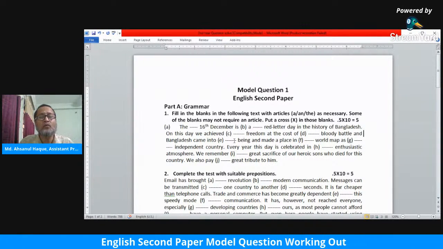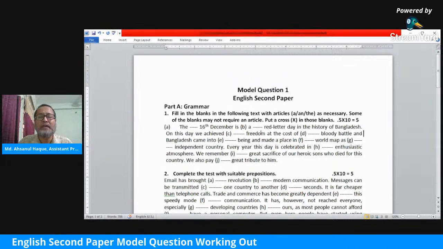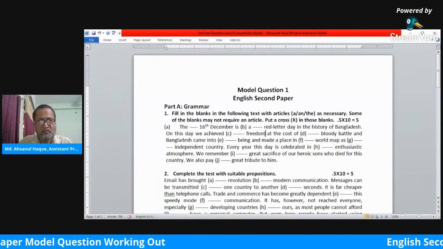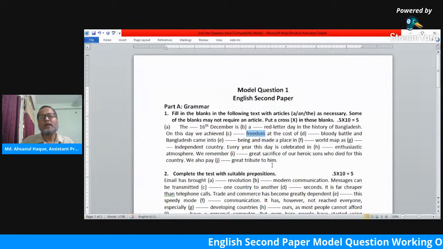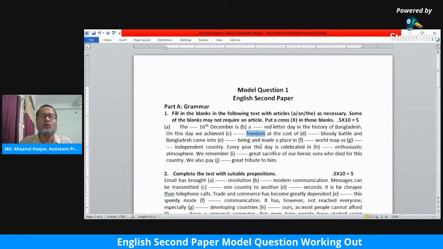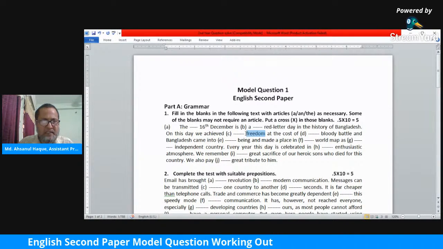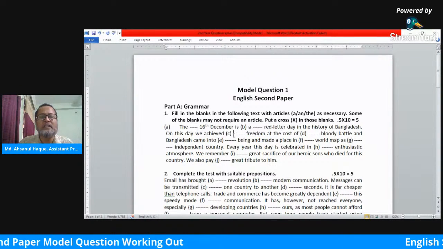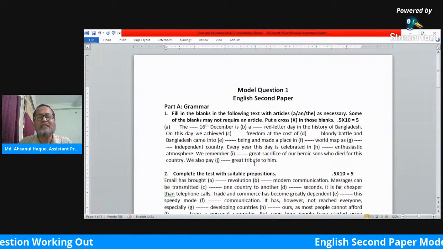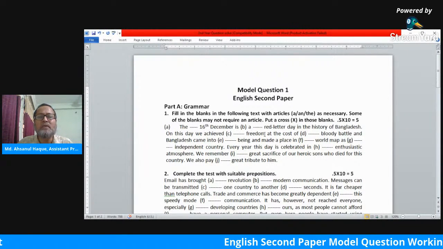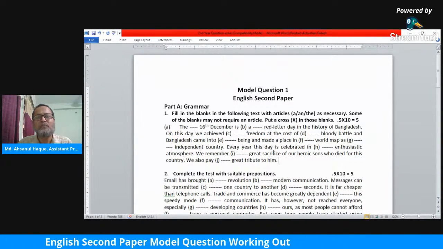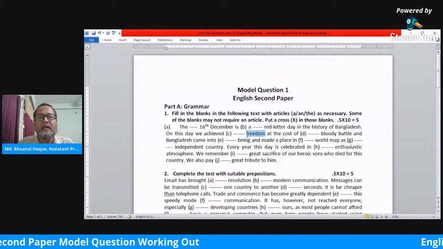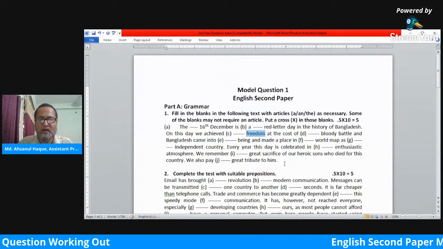On this day, we achieved dash freedom. Freedom is a very, I say, abstract noun and not definite. So there should not be any article. There should be zero article. On this day, we achieved freedom because this freedom is not made definite. Number one. Number two, this is not a countable noun.